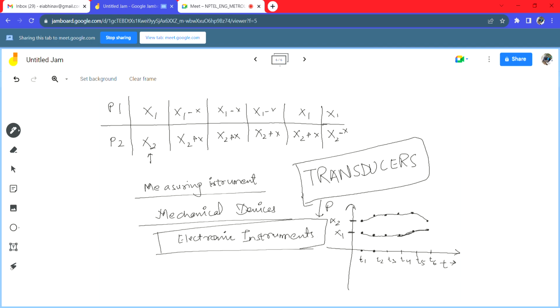Now we can see that in discrete time intervals, there is a continuous variation of input signal.